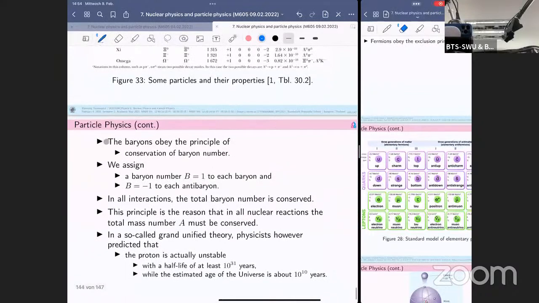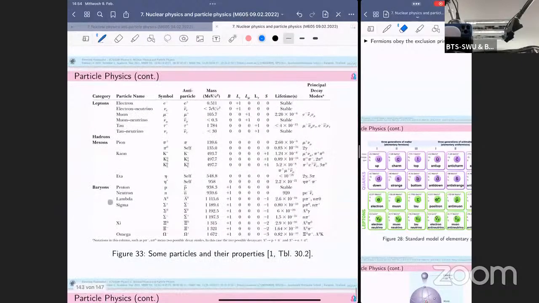Okay, what about baryon? Baryons obey the principle of conservation of the baryon number. We assign the baryon number B equal to 1 to each baryon. Okay, this is baryon, and they have +1.